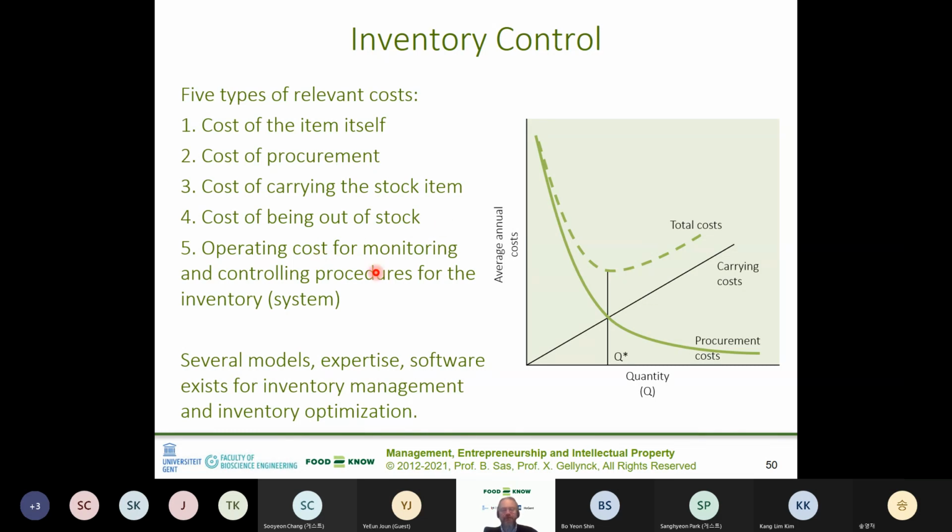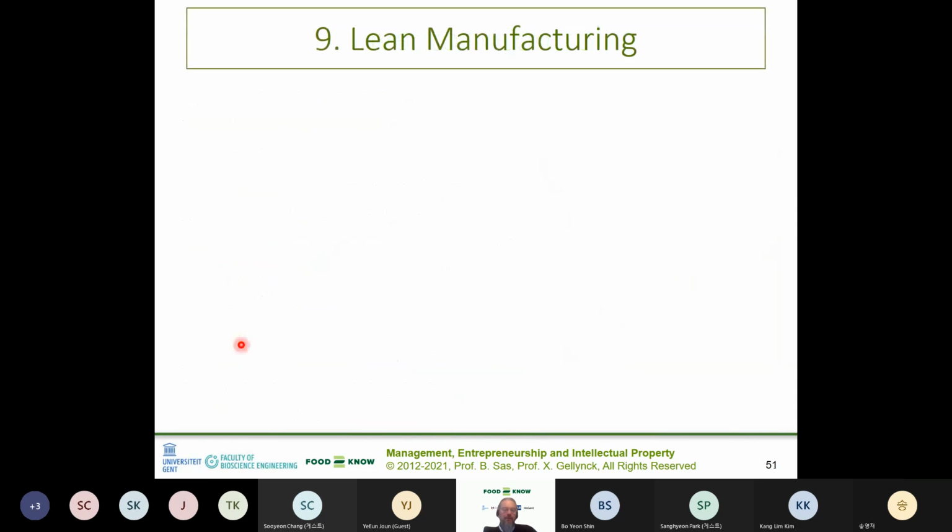And then costs related to monitoring the warehouse and monitoring the inventory. And again, as with everything, you now have different models and different software systems that can help you out with these things. We discussed it earlier, there are modern recent aspects.